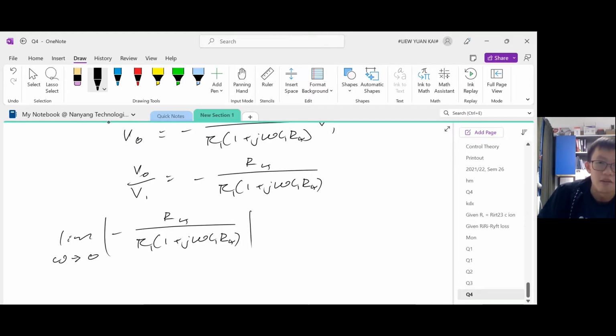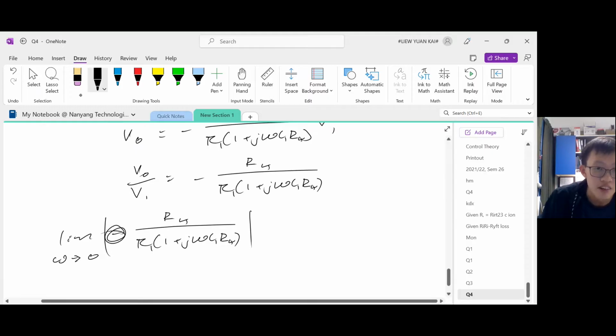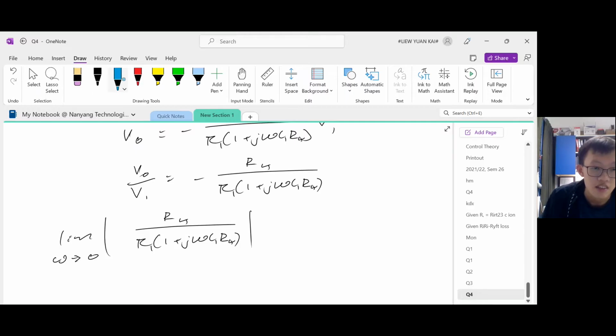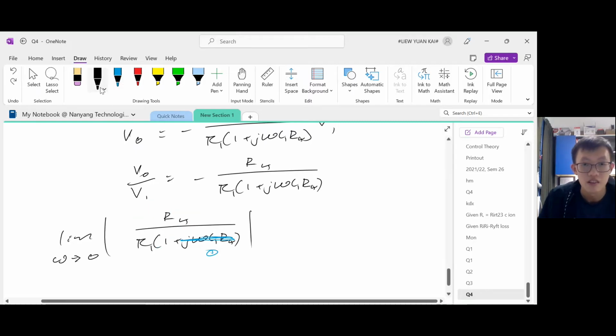We are only interested in the magnitude of the gain. This negative only tells us that our input is being inverted, the negative value turning to positive value and back to negative value. It's not telling us how much it's scaled. What we're interested in is the scaling. So just take the magnitude of this, so we can get rid of the negative sign. Now we take the limit. So this goes to 0, meaning we only have R4 divided by R1.